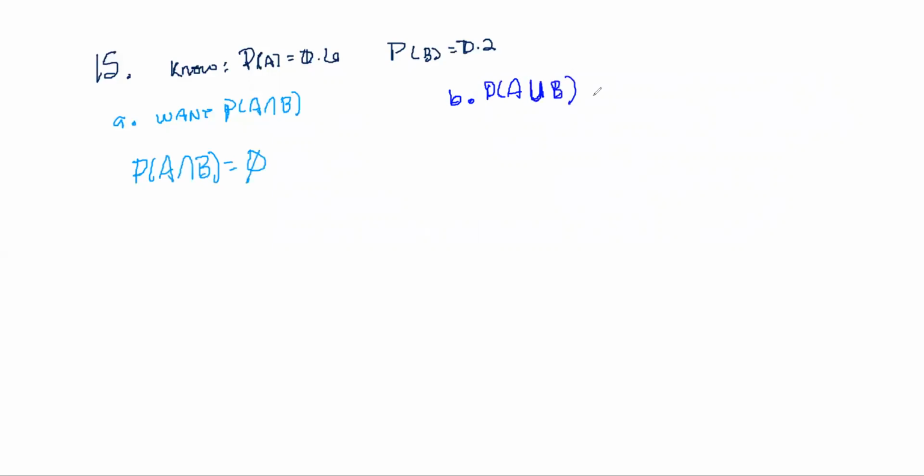That is told to us by part A. So we can basically just say that because they're mutually exclusive, the probability of A plus the probability of B is equal to the probability of A or B. So I can pick something from set A or something from set B. So that would just be 0.6 plus 0.2, which is equal to 0.8. Okay.